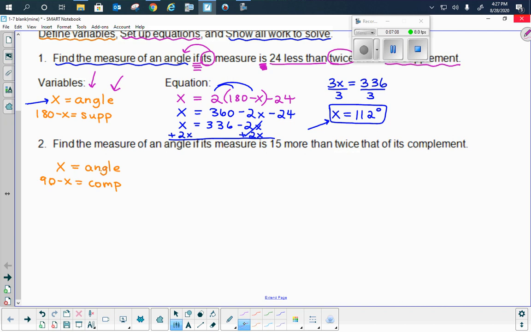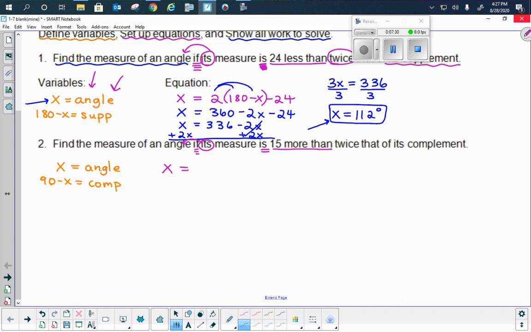All right, we're ready to start reading then. Okay, if we start reading, it says find the measure of an angle if. Again, we got to get past that word if. Its is again referring to the word angle. So when I see the word angle, I write x. Its measure is, keyword, you write your equal sign. This time it says 15 more than. Okay.